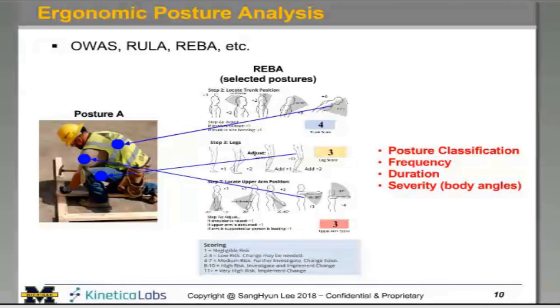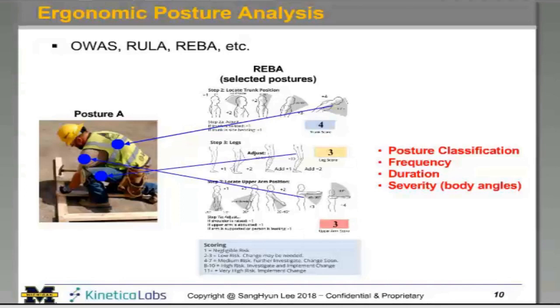But when we take a look at most of these tools, they require 4 pieces of basic information: posture classification, is it back bending or arm reaching; frequency, how often they bend their back; duration, once they bend their back, what is the duration of the back bending; and severity, like back bending angle. Those are the basic 4 pieces of information needed for most ergonomic posture analysis tools. So that's what we provide.